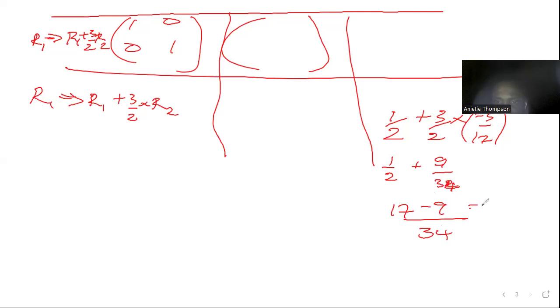Okay. So what do we have then? What we have there is 8. That's minus 8. I mean 8/34. So 2 can come here, 4. 2 can come here, 17. So we have 4/17. I really needed that space. Okay, so we have 4/17.